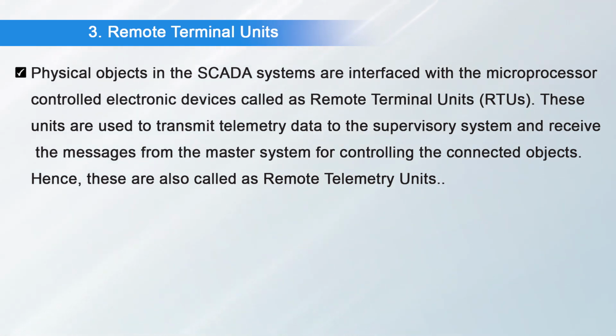These terminal units are used to transmit the telemetry data to the supervisory system, and also to receive the messages from the master system for controlling all the connected devices. Due to this operation, they are also called remote telemetry units.